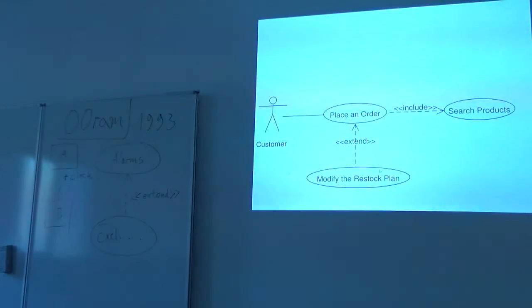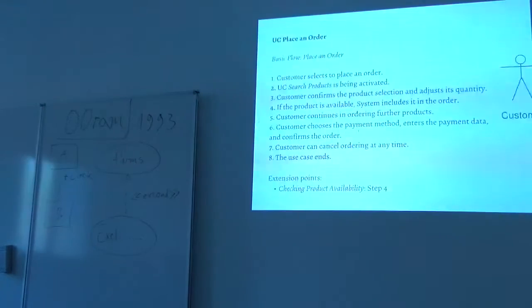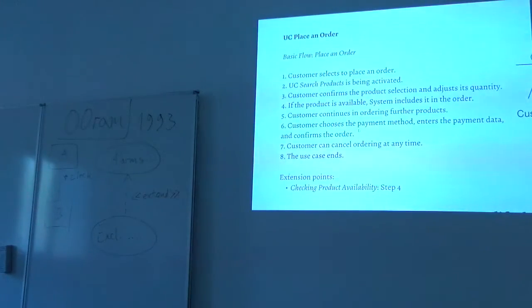So this is the example we had at the first lecture with the eShop system, where we modified the stock plan use case extending place and order. The diagram is one thing, but how it is done is another thing, and it's the text that we need. So we usually use extension points. That's one thing we might consider a bit at this moment, and relate to aspect-oriented programming.